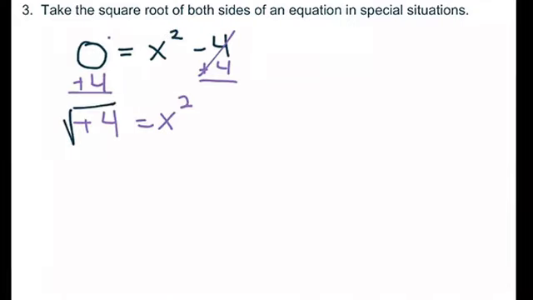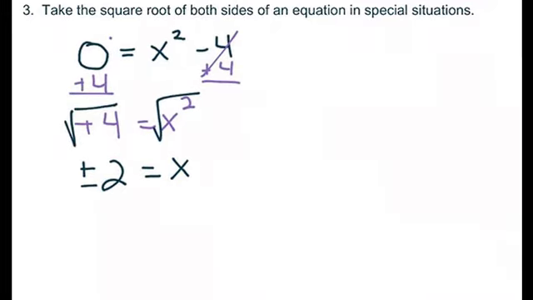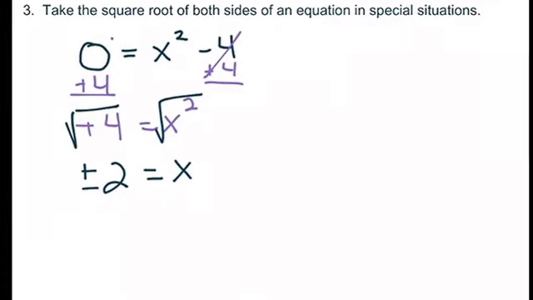We are going to take the square root of both sides. The square root of x squared is x. The square root of 4, when we're dealing with quadratic solutions, we are going to consider both the positive 2 and the negative 2. So positive 2 times positive 2 equals 4, but negative 2 times negative 2 also equals 4. So that's another way that we can find solutions.